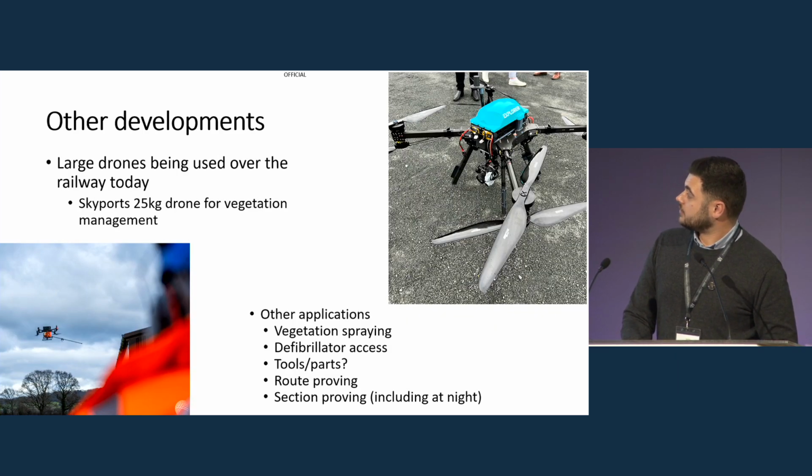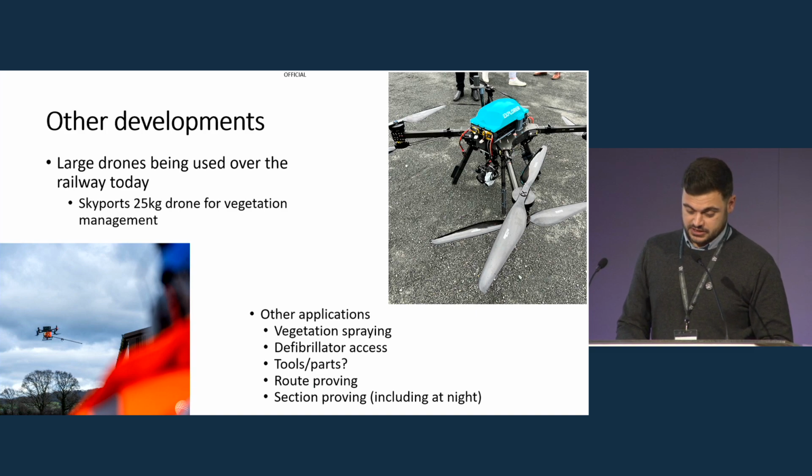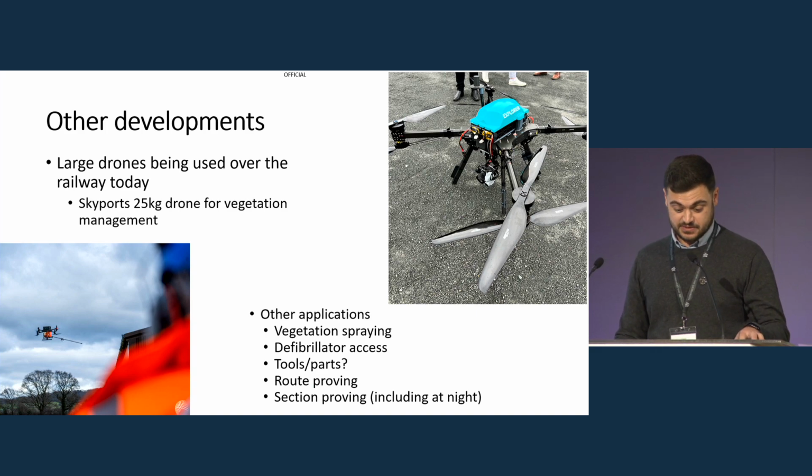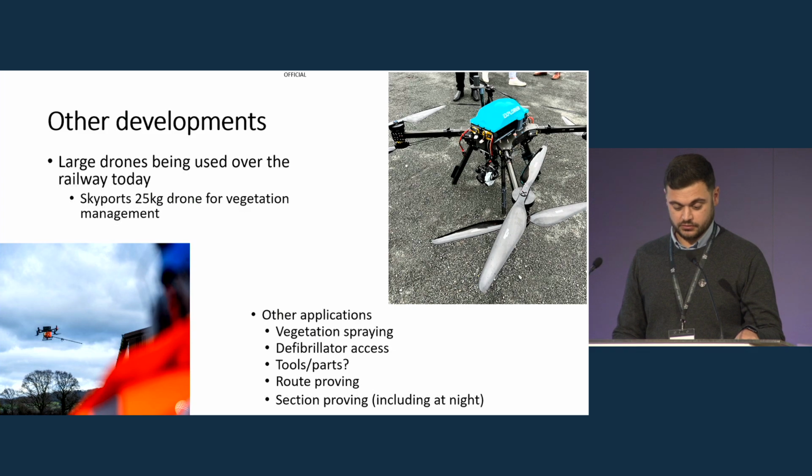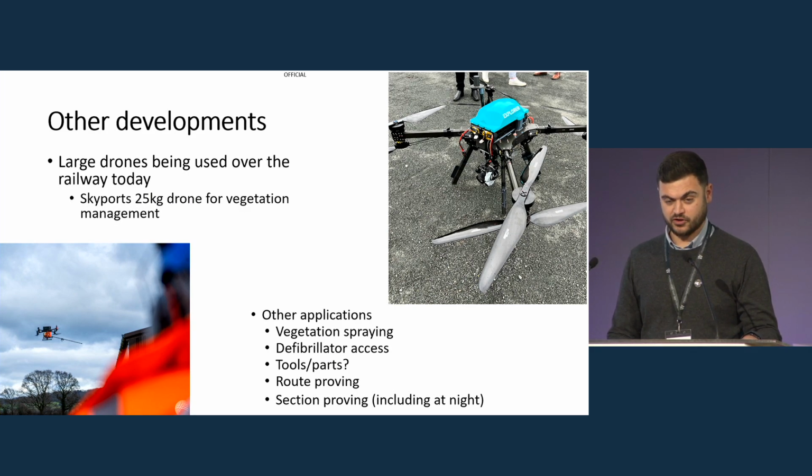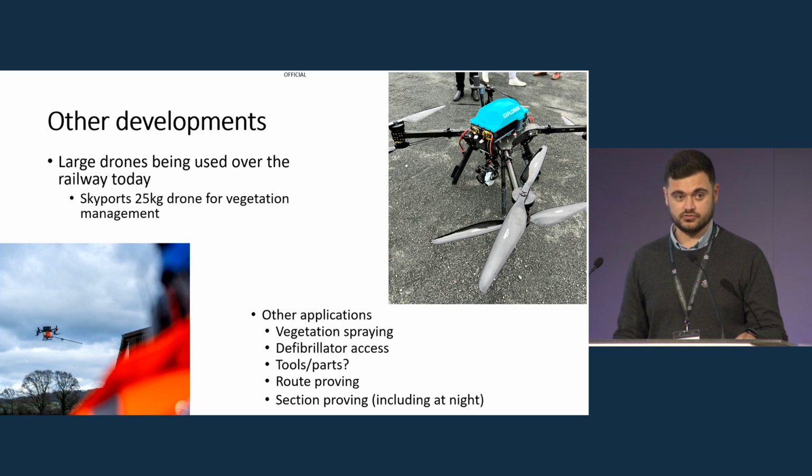So the final slide is that these are two projects we're working on today that will probably be delivered in around 12 months' time, so next year, into the start of CP7. What is also happening today, beyond our framework, is that contractors are doing really innovative use of drones.